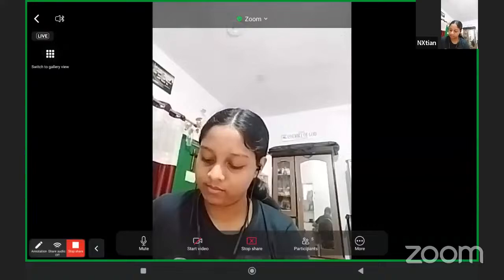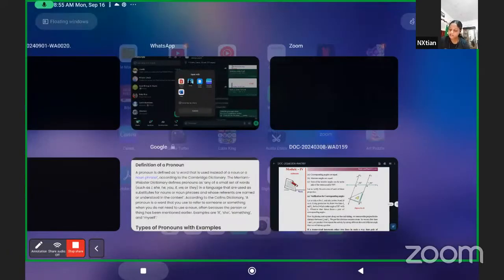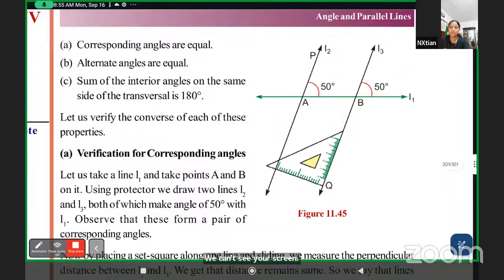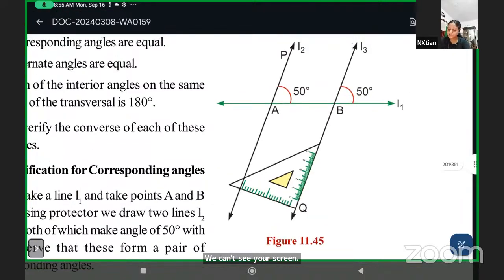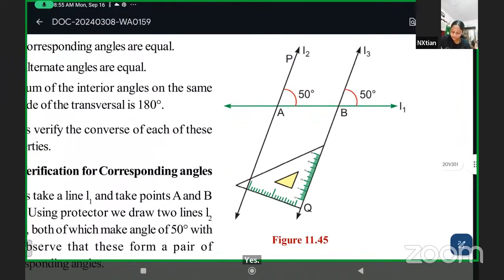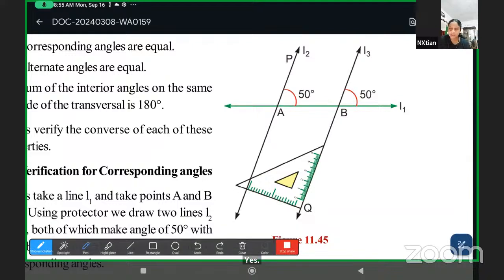We can't see your screen. Can you see the diagram here? Yes. So can you see the set square that is placed here? It was important to show you this diagram so that you know how to place the set square. You are going to put the set square to mark the distance between line L2 and L3.